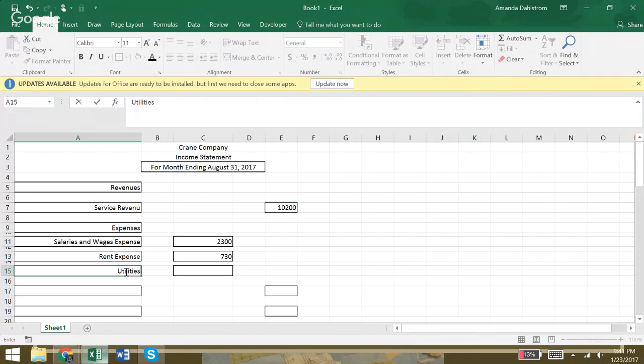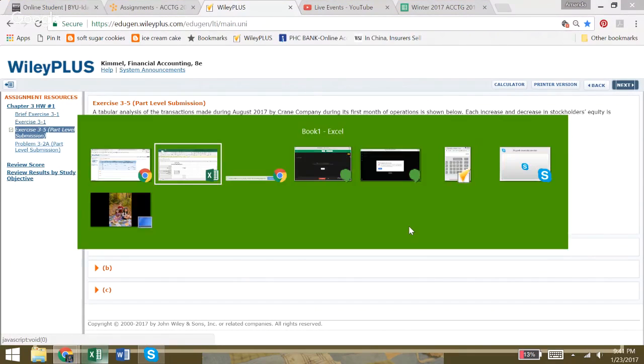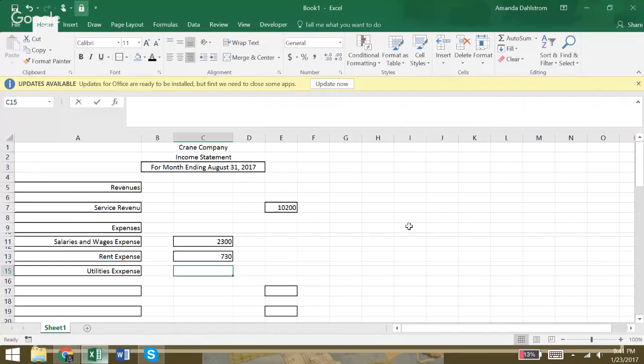And finally, we had a utilities expense of $330. So here we will put our total expenses.